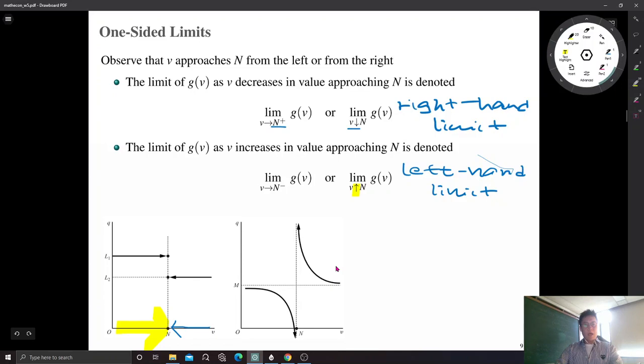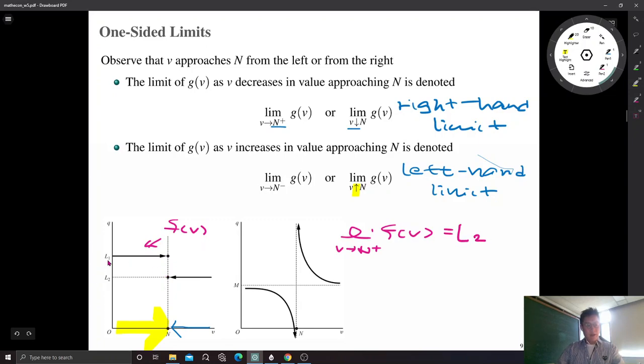To express in symbols, let me call this function f of v. Then the right-hand limit of f of v, as v approaches n plus: if we gradually decrease the value of v to get to number n, then we can see the function is approaching L sub 2, so the right-hand limit is L sub 2.